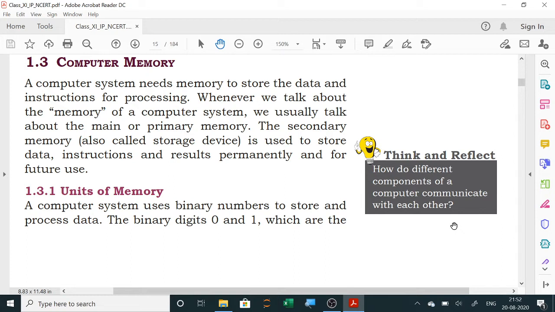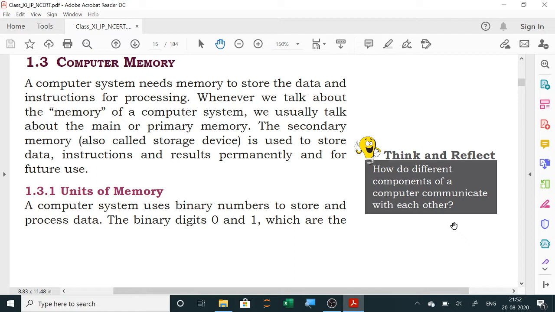In the series of fundamentals of computers, we have already done input devices, output devices, how computers evolved, and all the basic components of computers. Now, computer memory is one of the basic components of a computer, without which you cannot use the computer.